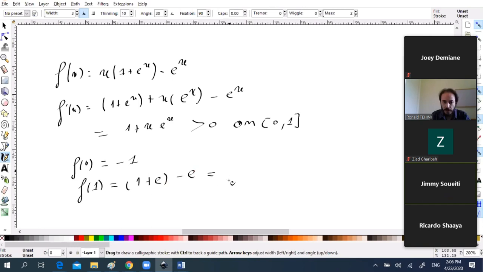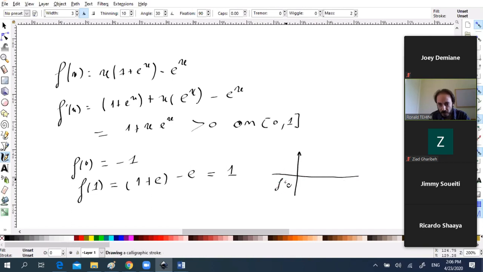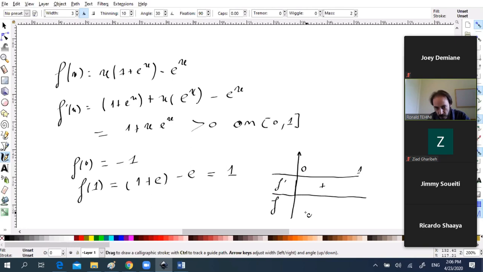So f prime is positive, f is increasing, going from -1 to 1, and you have a 0 here somewhere. So a unique solution in this interval because it's monotonic. It's constantly increasing, and f of 0 is negative, f of 1 is positive.